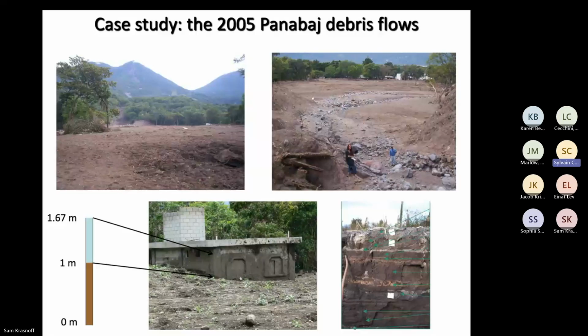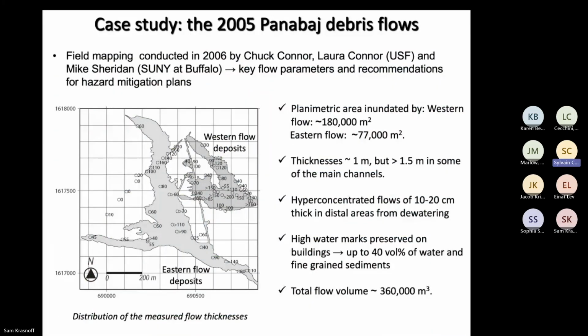And so there were many previous events that produced mostly hyper-concentrated flows where the deposits are really thin, just a few centimeters thick. But there is a record of multiple debris flows that occurred in the last 100 years in this area. So there was some field mapping conducted by some colleagues in 2006, just after the event.